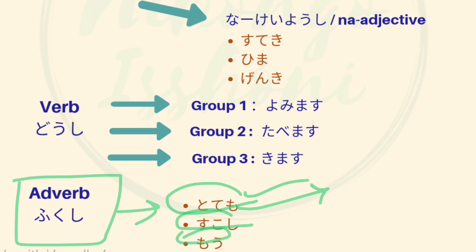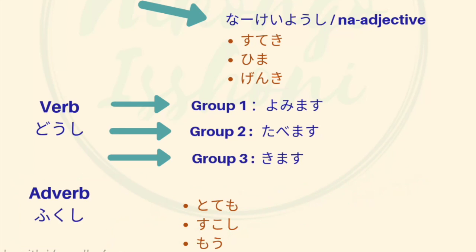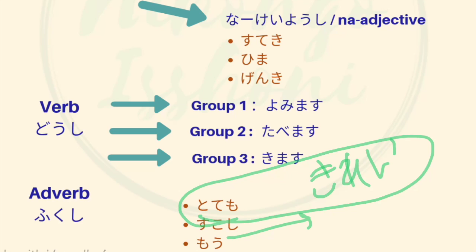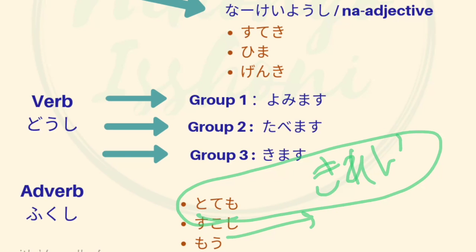Totemo is very, sukoshi is little, mo is already. So whenever we use an adjective, say kirei, that is beautiful, we use totemo kirei. A very beautiful flower is totemo kirei na hana desu.